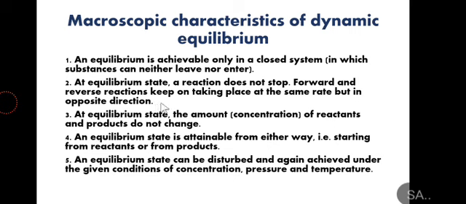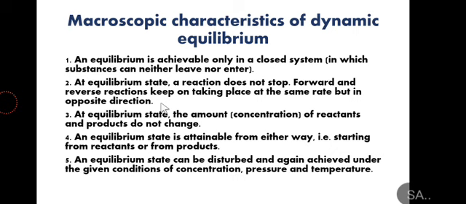So here, when the equilibrium state is achieved, like in case of static equilibrium we saw the reaction will stop. In case of this equilibrium state of dynamic equilibrium, the reaction is continuous, and forward and reverse reactions are taking place at the same rate, but in the opposite direction.